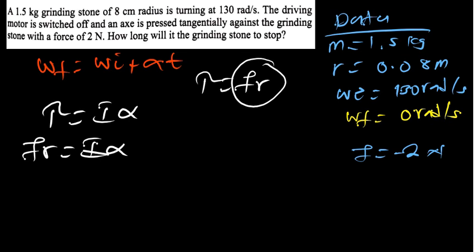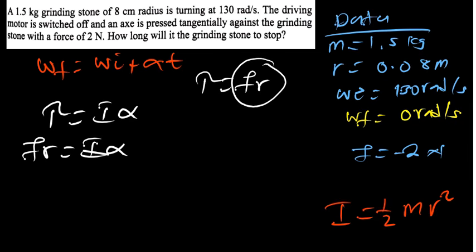Now, I also know that we're talking about the inertia of the grinding stone, meaning we're going to be talking about the inertia of the disc. But initially, if they ask you in your test or exam, they're going to give you, saying, given that the inertia of the grinding stone is half mr squared.